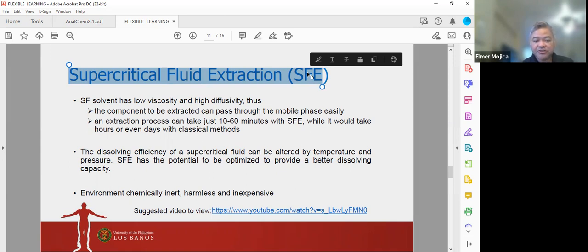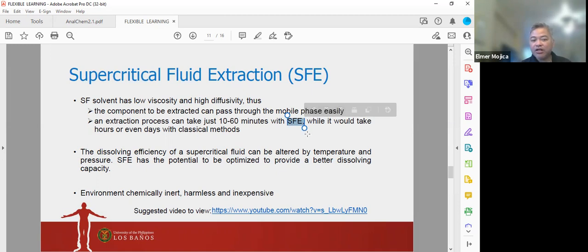An extraction process can take just 10 to 60 minutes with SFE, while it would take hours or even days with classical methods. With classical methods, you have a solid sample and soak it in a liquid solvent, so sometimes it takes days. But in SFE, it's just 10 to 60 minutes.